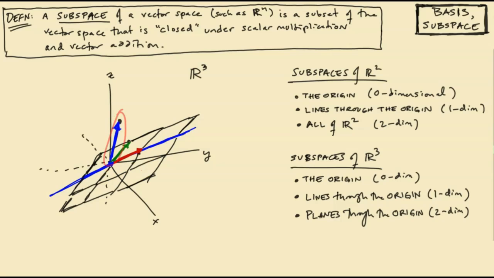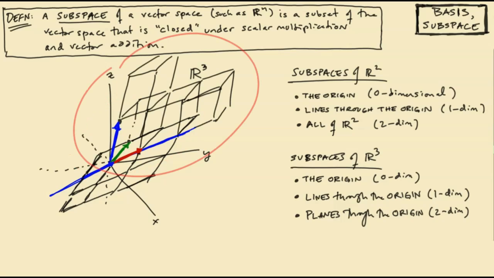Well, it will contain this vector as well, which is sticking out of this plane, and the three vectors I've drawn will all be linearly independent. That means they are going to generate a grid that pervades all of R3. In other words, those three vectors will span all of R3.